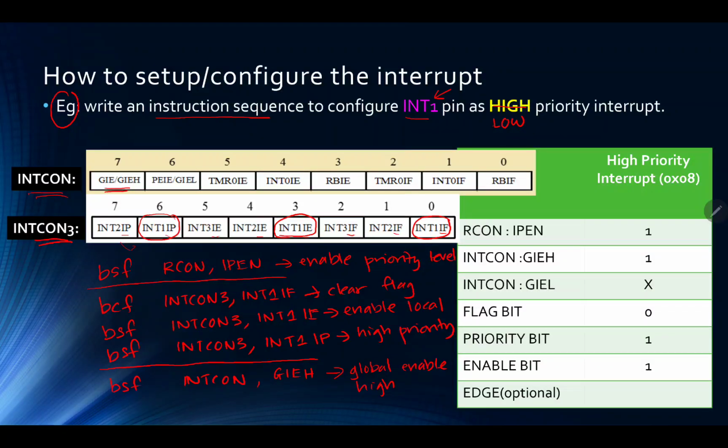What changes in the code? The flag is the same, you always clear the flag. Enable, yes, you want to enable. But what happens to the priority? Instead of bit set F, it becomes bit clear F, so it will become low priority, because we want to configure it as low priority. And then how about the global enable? Yes, global enable is required, but maybe we don't write H, we just write GIE.